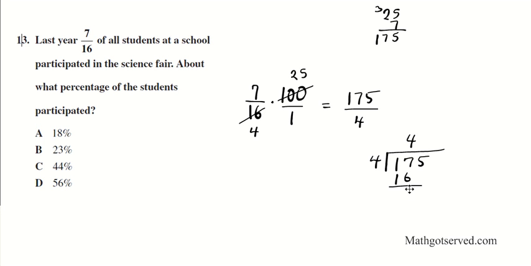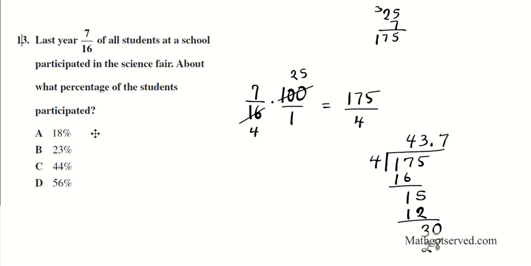We subtract, we have 1, 5. 4 goes into 15 3 times. 3 times 4 is 12. We subtract that, we have 3. And then since 4 doesn't go into 3, we can put a 0 there and a decimal point. Alright? 4 goes into 30 7 times. 7 times 4 is 28.